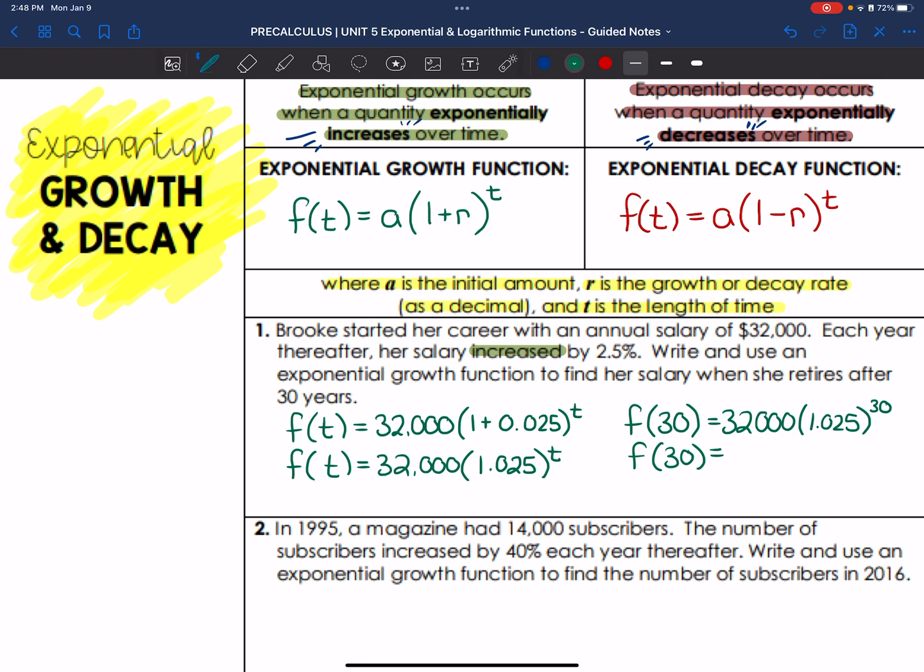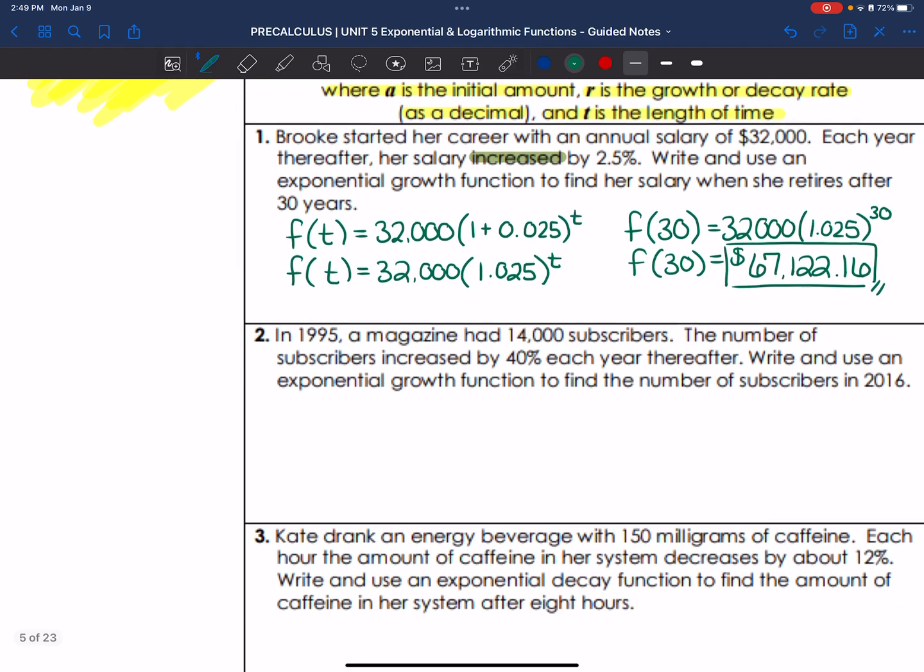Can you guys go ahead and substitute this expression into your calculator and see what it simplifies to? What is her salary? All right, well, you should have had that the salary would be $67,122.16. That would be her salary upon retiring. Pretty amazing how that exponential growth affects.